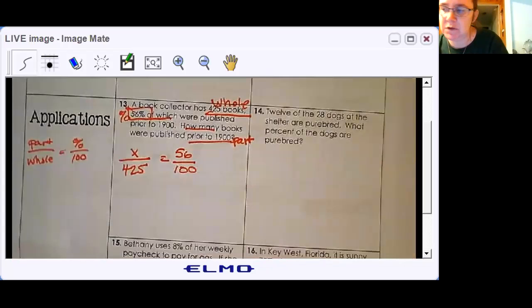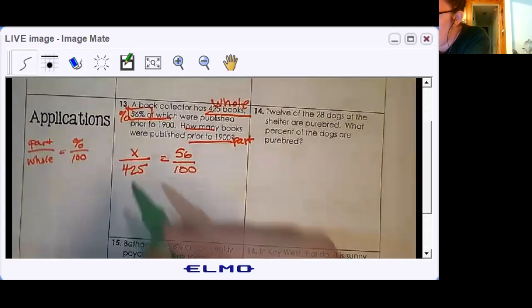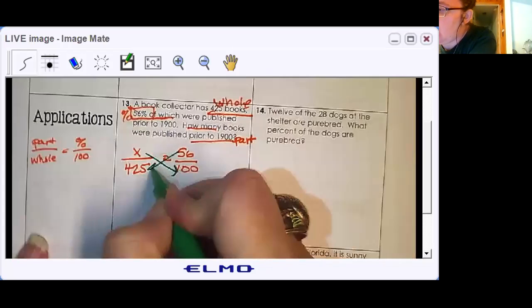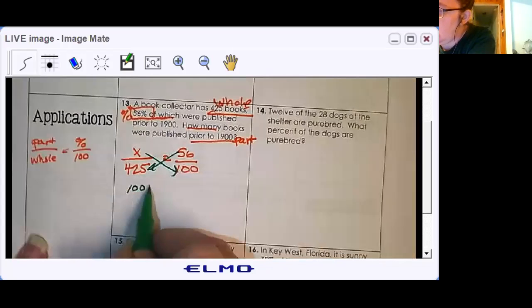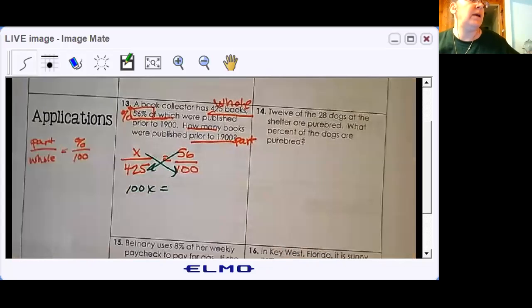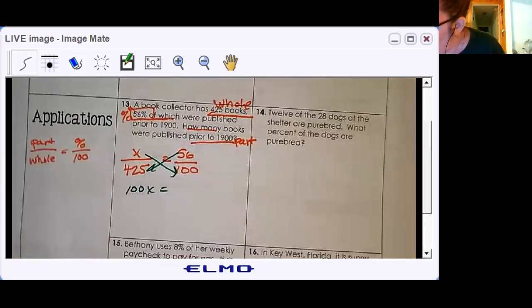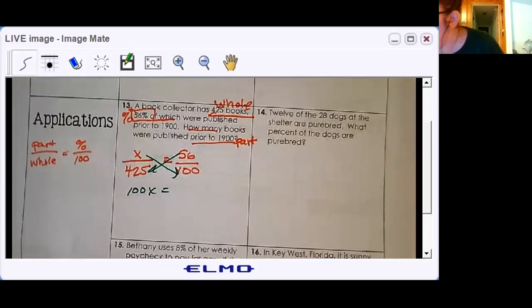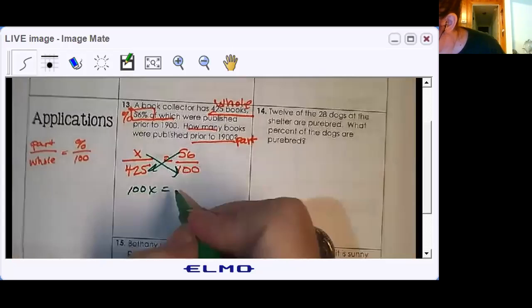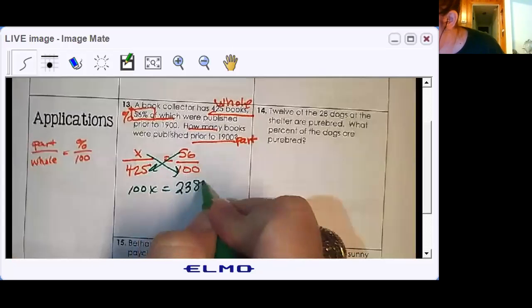Now that I have my proportion set up, I can solve it. I'll start with my cross multiply. So now I have 100x equals a number that I need my calculator for, because that's a big number. So I got 425 times 56. That is going to give me 23,800.